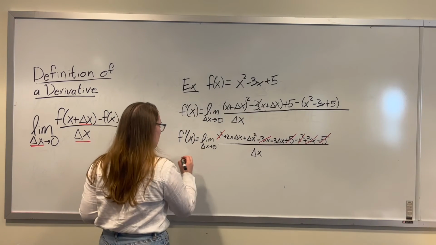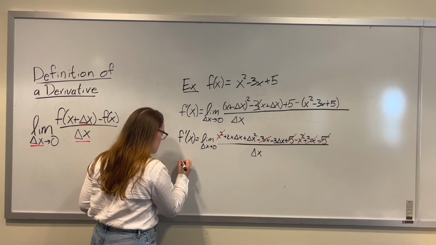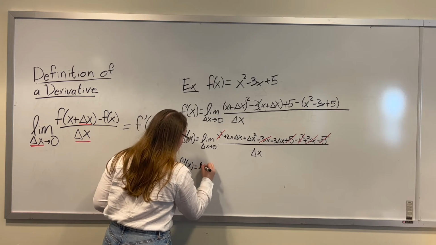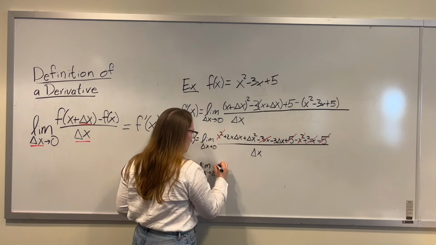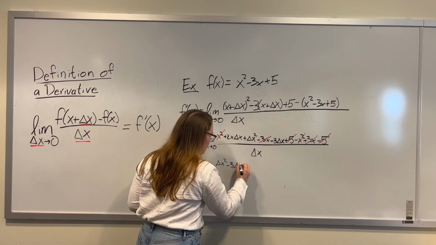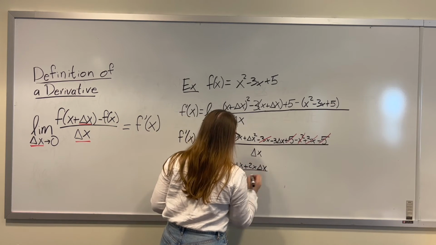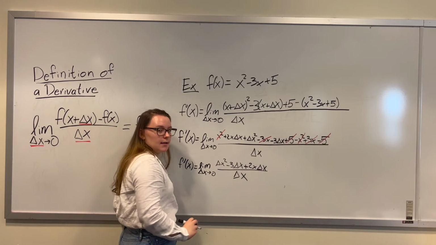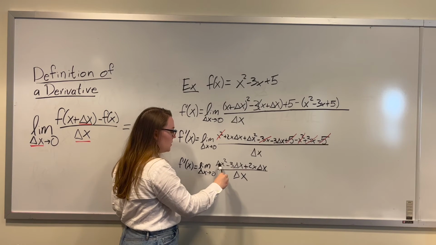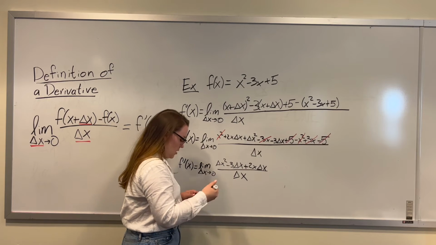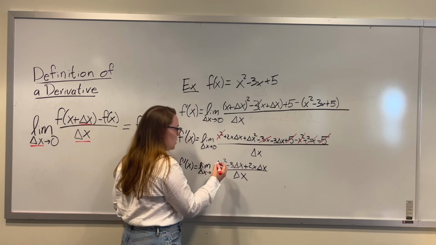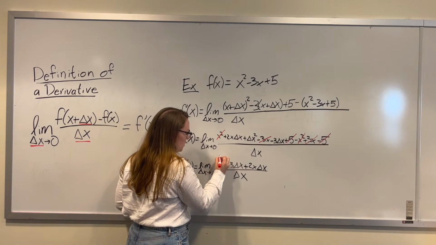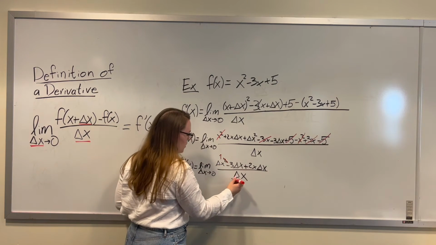So then what we're left with is, and now all of these terms have a delta x in common, which means it's all going to cancel out. So 1 delta x here is going to cancel out with this.